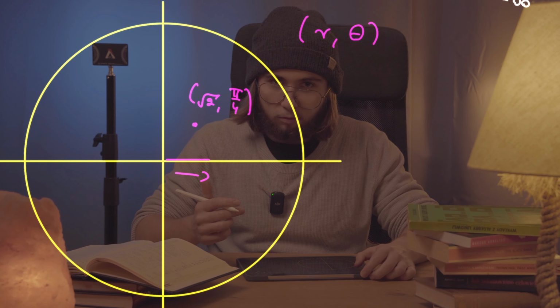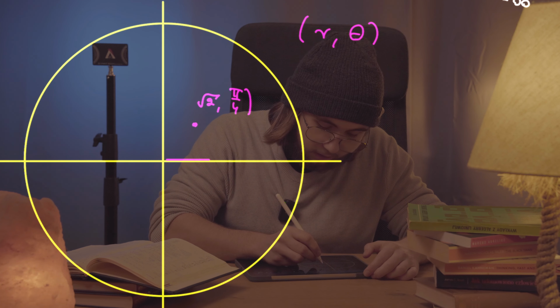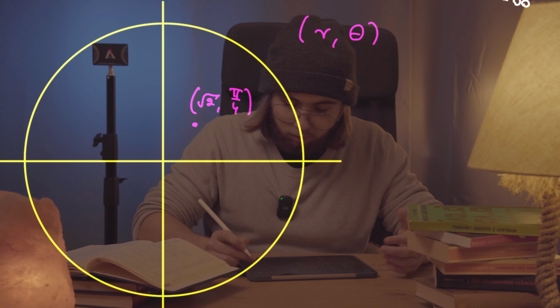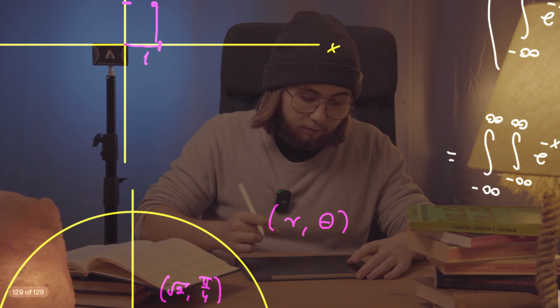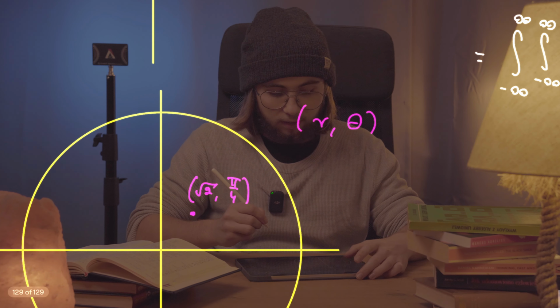But now, as I already said, this is the exact same point as in our regular plane. That's going to be our point (1, 1). And so what we can actually do here is interpret this as an emulation of our instruction to go by 1 in the positive x direction and then by 1 in the positive y direction in the Cartesian system.